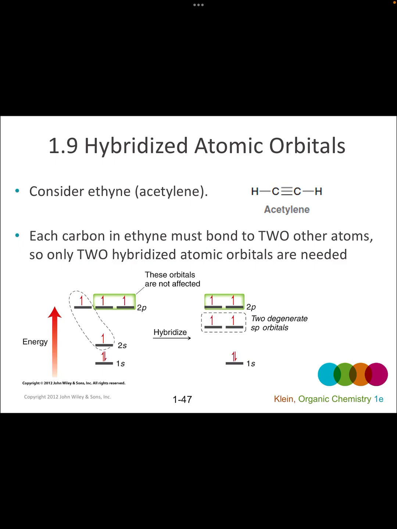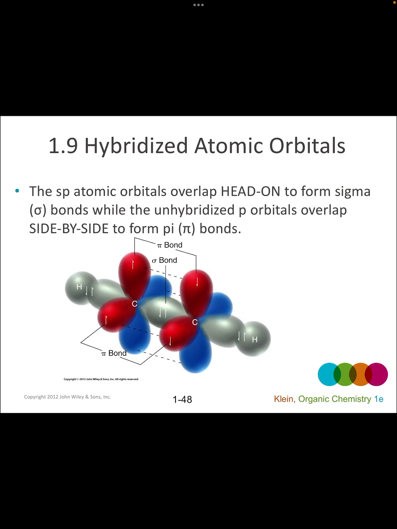Something like acetylene, or ethyne, only has to have two bonds each, so you would make sp degenerate orbitals by mixing one of the s and one of the p's. That leaves behind two intact p orbitals.